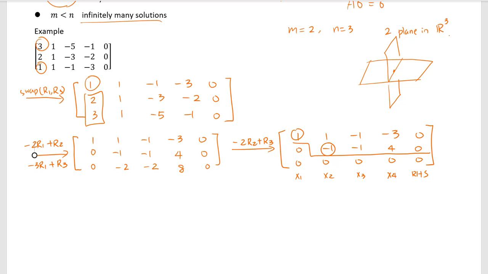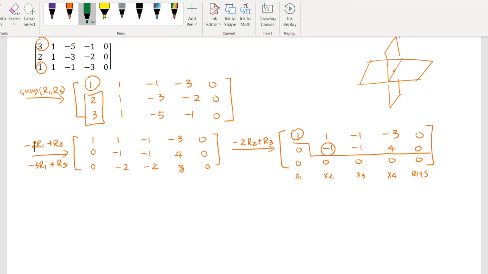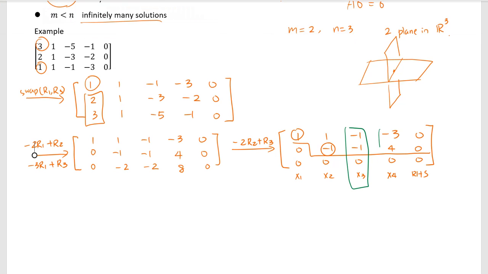Okay, and if the problem asks us to express this infinitely many solution into a one parameter family or two parameter family, you can see in this case, well, this column and this column, they don't have leading entry, so they are free. So we can let x3 be s, x4 be t.